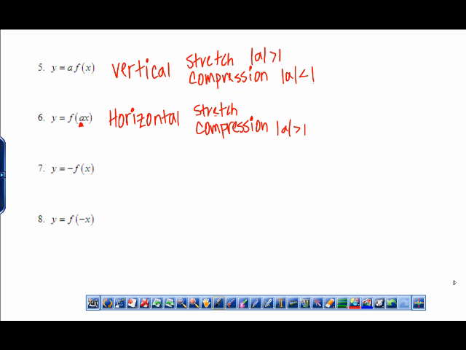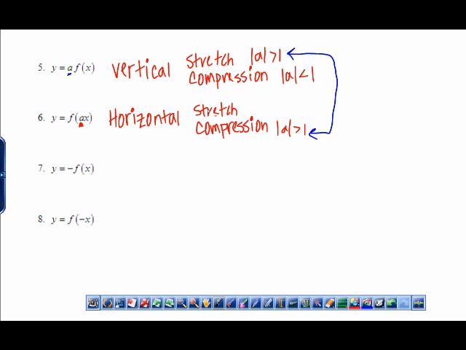So whenever your a is larger than 1, meaning you're multiplying the outside by a number like 2 or the inside, it's not going to do the exact same thing, but the end result will be very similar. It will either be tall or it will be skinny, and sometimes we even use the word narrow to describe that. I know we do when it's a parabola.